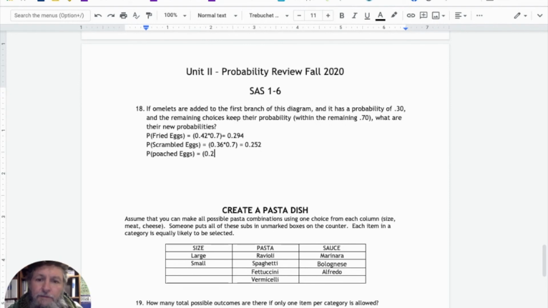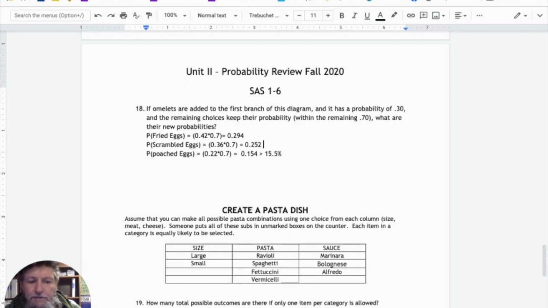With a lack of other options, probably your best bet is to get something you like. 0.22 times 0.7, 0.154. And if you want to look at it from the perspective of what that is percentage-wise, I'll put that up there too.